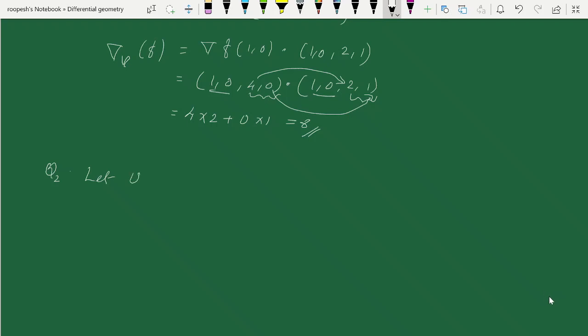Next question. Let U be an open set in R^(n+1), and let f from U to R be a smooth function.